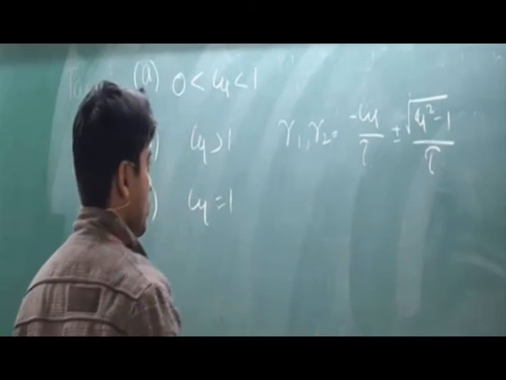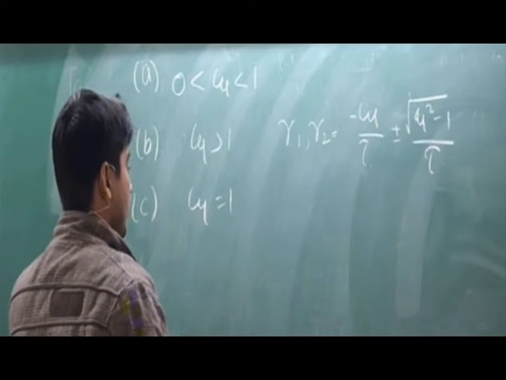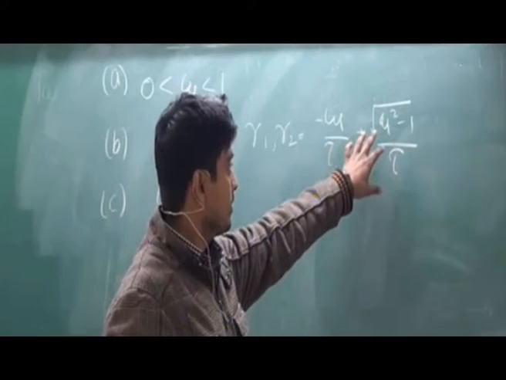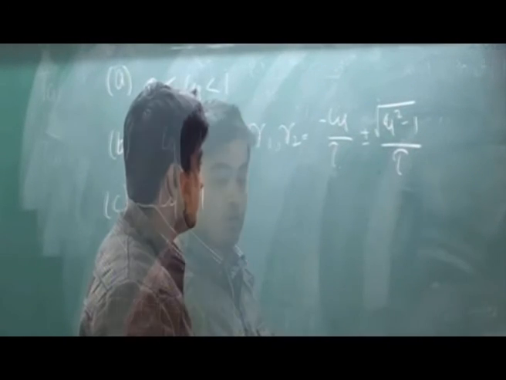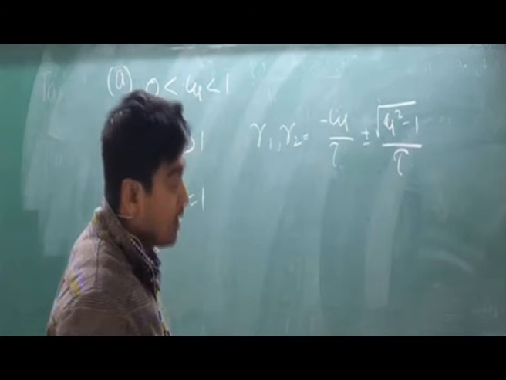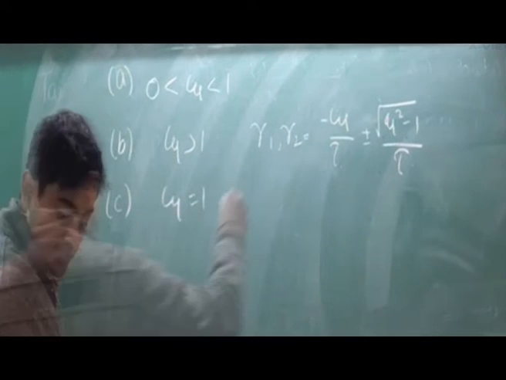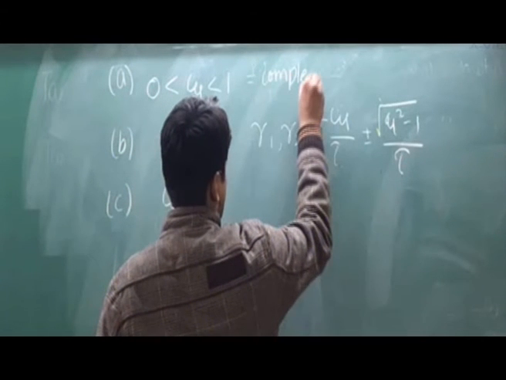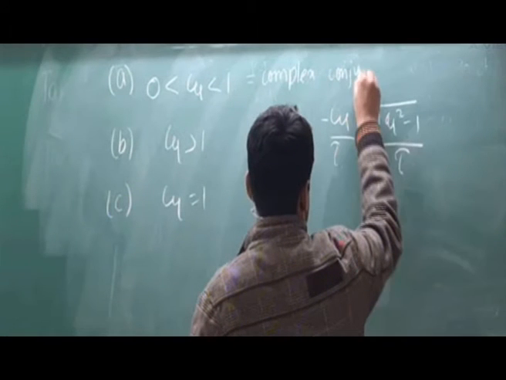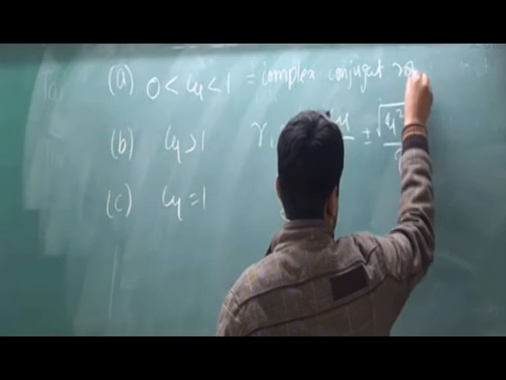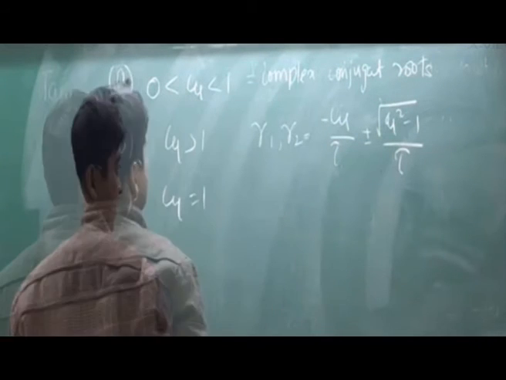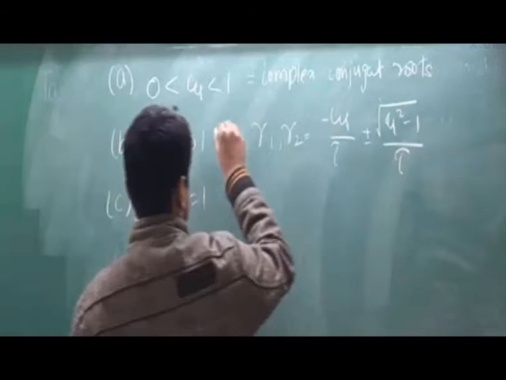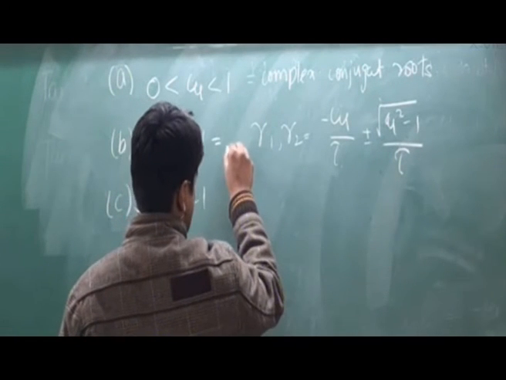Now pay attention to these roots for different values of xi. Between 0 and 1, the square root will give you complex conjugate roots, because this value would be negative. And for the first case, complex conjugate roots; for xi greater than 1, real and distinct roots.